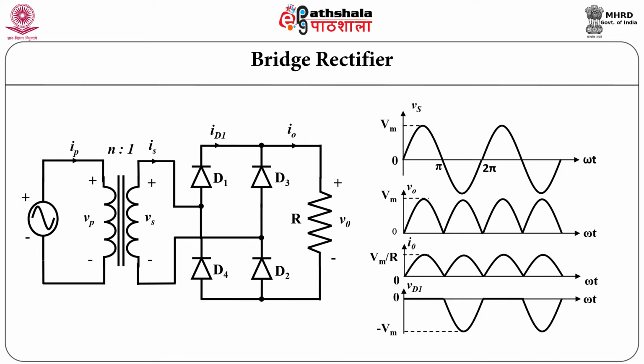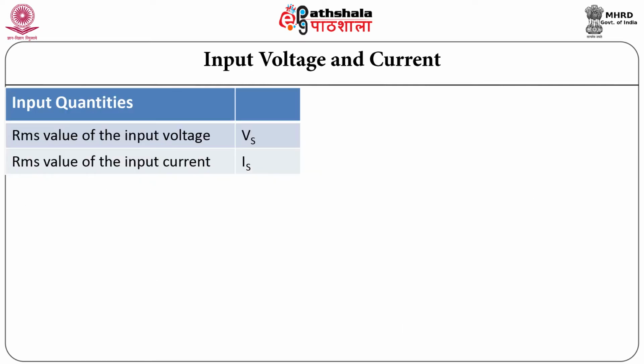The quality of diode rectifier circuits is generally judged according to various performance parameters. To determine those performance parameters, we will require the knowledge of the input voltage and input currents. First, we will determine these quantities. The input quantities are, in most cases, input voltage and input current.